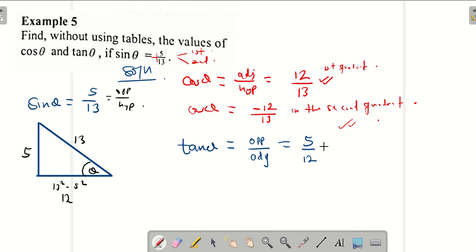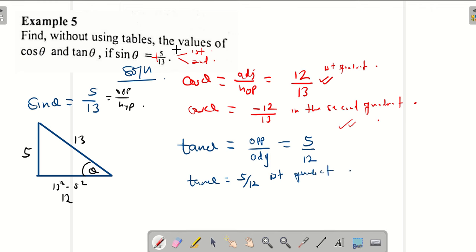But also, take note that we are still using the condition that the angle is in the first and the second quadrants. We know that for the first quadrant, tan is also positive because all are positive. So we can say that tan theta is equal to 5 over 12 in the first quadrant.